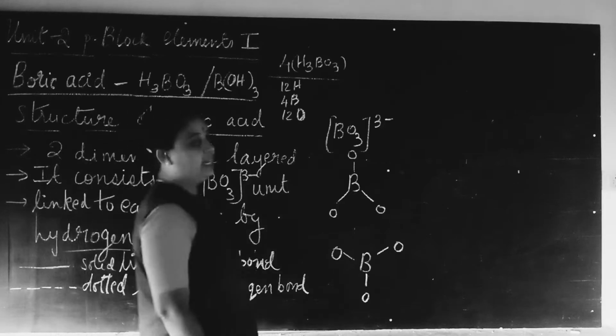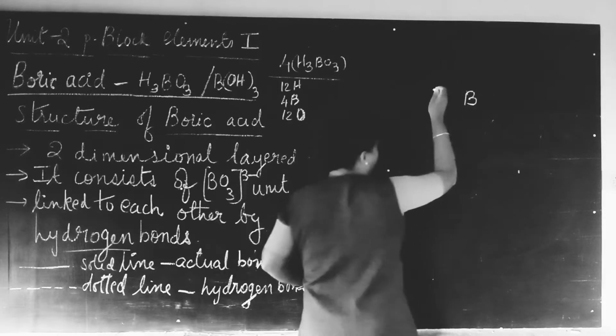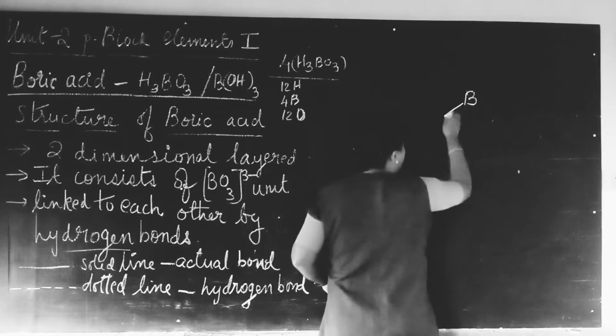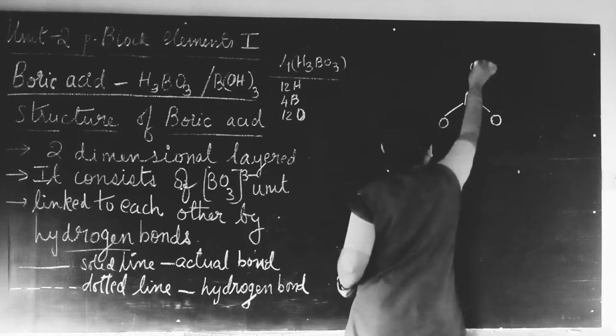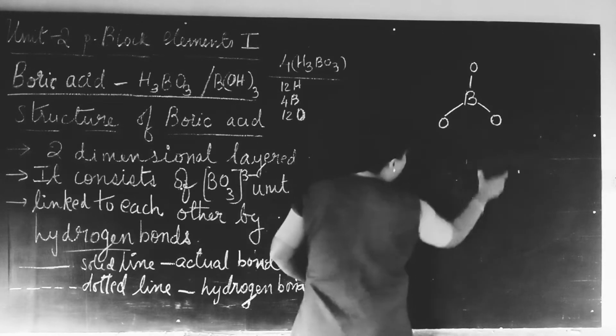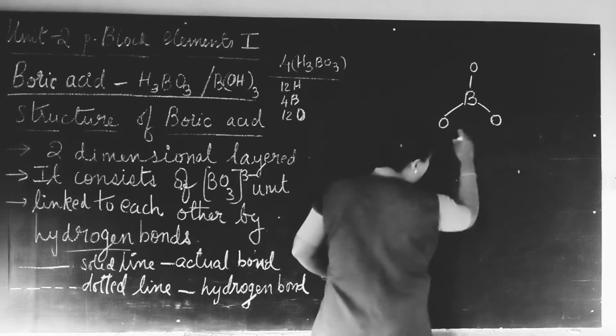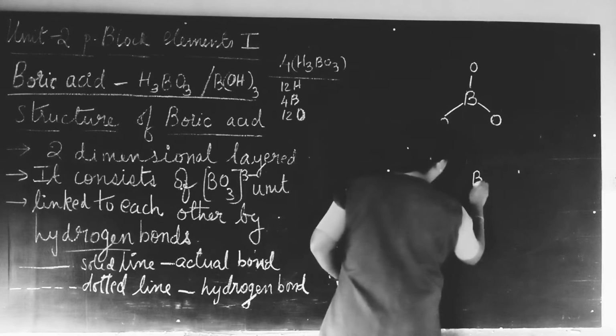Now using this, let us draw the structure of boric acid. B would be in the center, then oxygen atoms surrounding B. Similarly, another boric unit I write in the opposite direction.